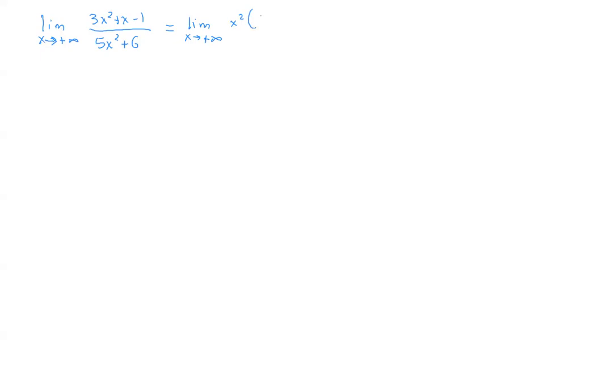So we will factor out x squared, and we will have 3 plus 1 over x minus 1 over x squared, over x squared times 5 plus 6 over x squared. And now we can cancel out the x squared, and we're going to get the limit as x tends to positive infinity of 3 plus 1 over x minus 1 over x squared divided by 5 plus 6 over x squared.